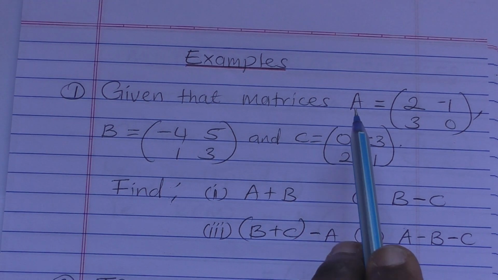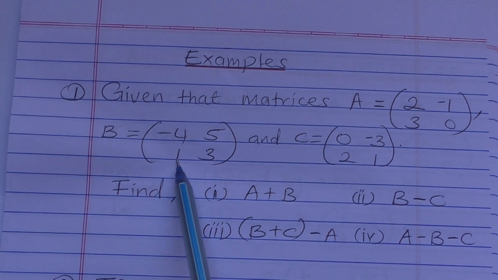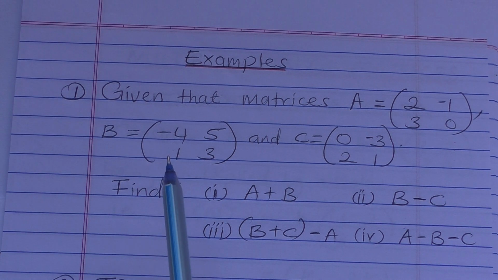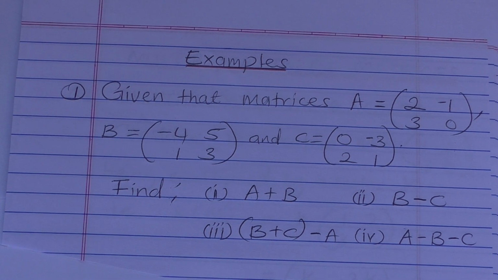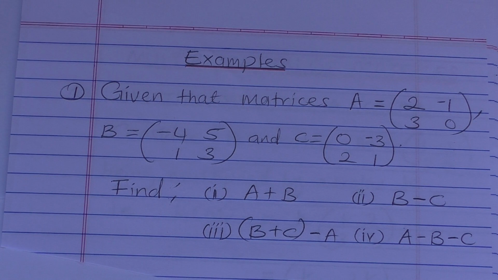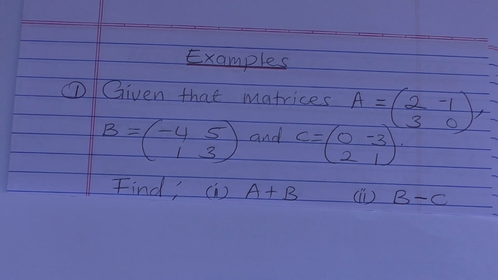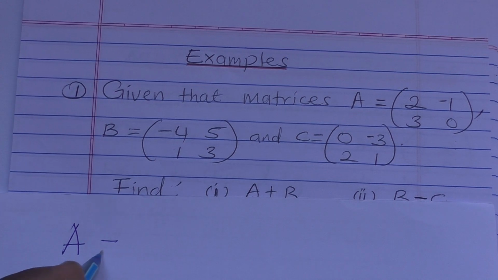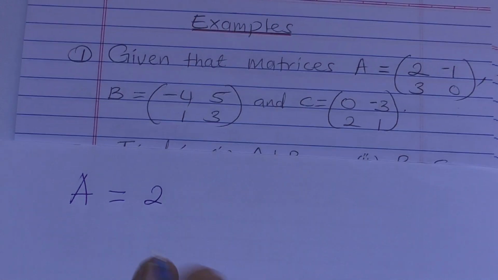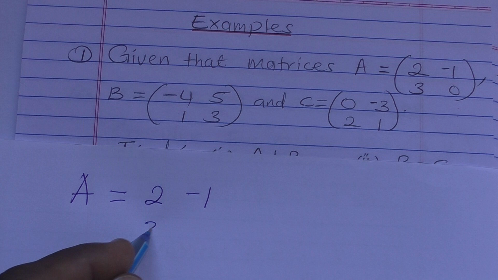We are going to add matrix A and matrix B, but keeping in our minds the condition that, one, they should be of the same order. So far they have passed that. Two, we do so on corresponding components of the two matrices. This is what we mean. We have matrix A, which is 2, -1, 3, 0.